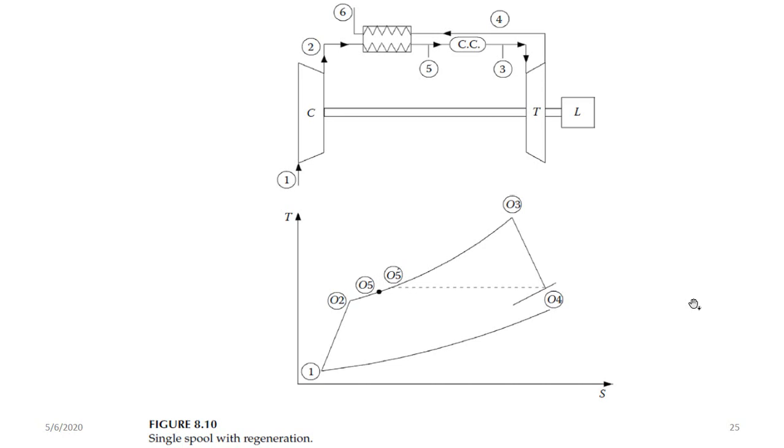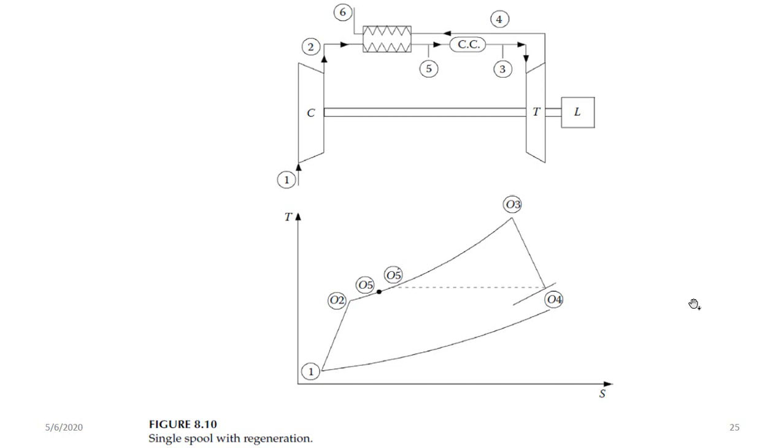Instead of exhausting the high temperature exhaust to the atmosphere, which is a waste of energy because that energy is being supplied by the fuel, you can make a bypass duct so that this exhaust goes back through 4 here to the recuperator.